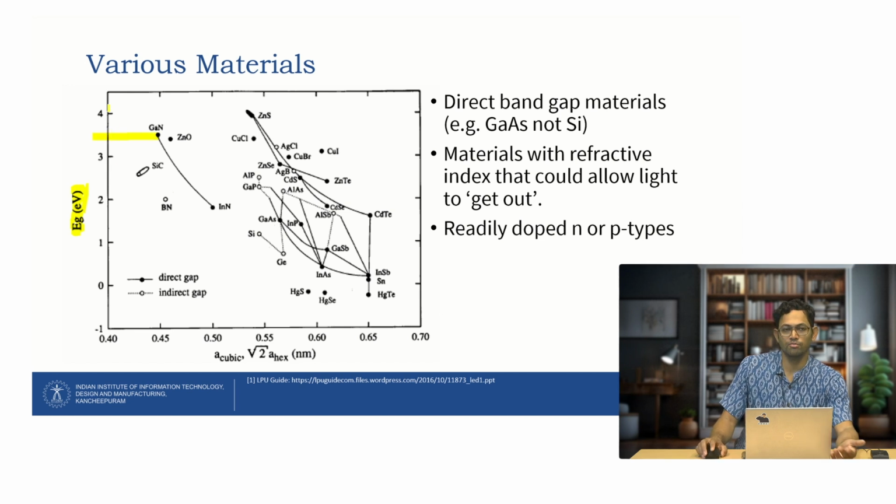This 3.5 eV corresponds to very high energy, which means with gallium nitride you would be able to emit blue light or violet light in a similar range, right. Now if you see this AlP, that is aluminum phosphide, it has an energy of 2.5, so using aluminum phosphide you would be able to emit green light.